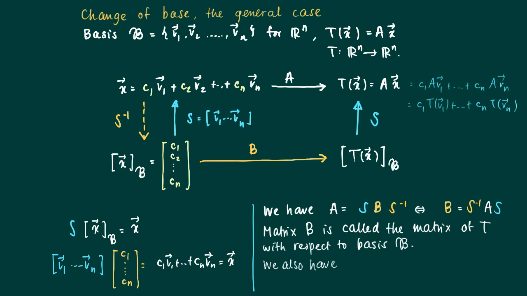And we've already seen that the matrix B is no more than expressing what happens to the basis elements v1 with respect to the same basis beta until T(vn) with respect to beta.